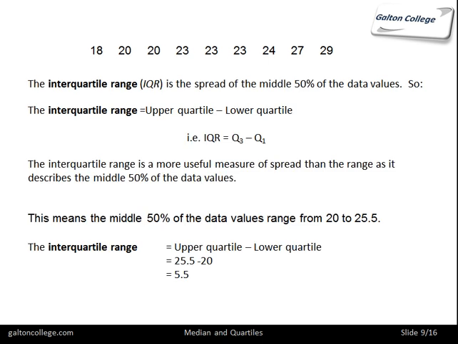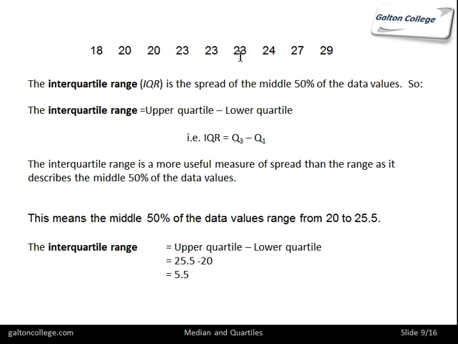which is fairly straightforward. We also have something called the interquartile range, the IQR, which is the spread of the middle 50% of the data. So the interquartile range is the upper quartile minus the lower quartile. We knock off the top bit and the bottom bit, and we look at the spread in here.